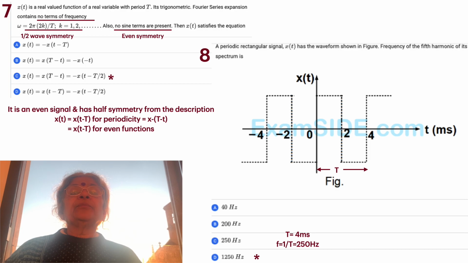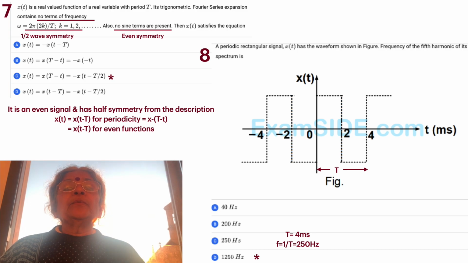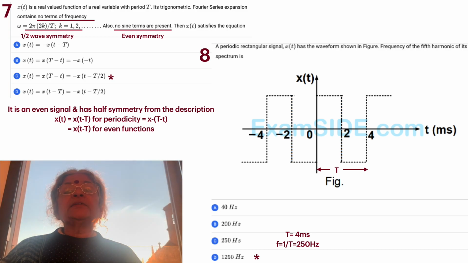B is okay. x(t) is equal to x(t minus T) equal to minus of x(minus t), which is again wrong because it is violating the understanding of even symmetry. Okay, so option C, x(t) is equal to x(T minus t). That's right. Capital T minus t means you can take out the minus, but it still does not become negative, which means that it has even symmetry. Then minus of x(t minus T by 2). This is exactly what you mean by shifting the signal by half its period and then inverting it to get the same x(t).